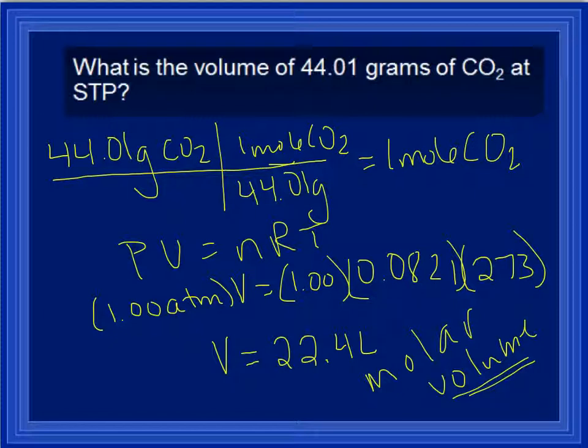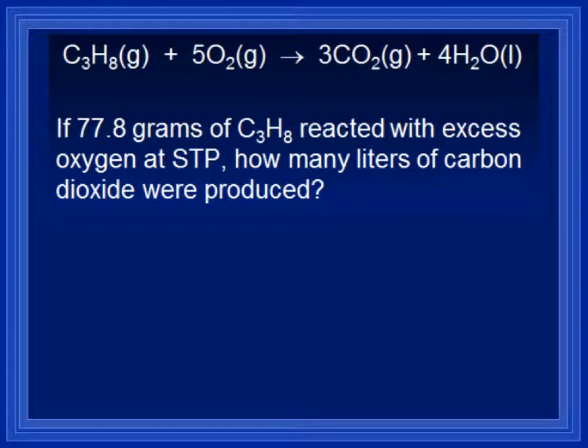So the volume of 2.02 grams of hydrogen is 22.4 liters. 4 grams of helium would be equal to 1 mole. Again, at STP, all the numbers in PV equals nRT would be the same, so 22.4 liters. We're going to use this number to help us solve problems.